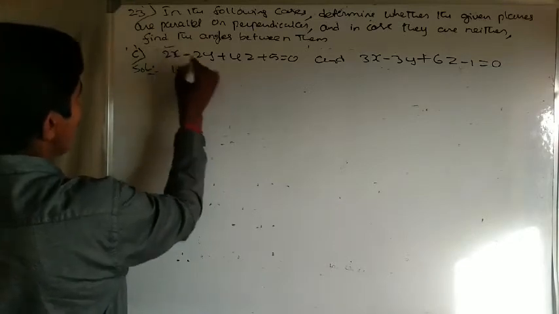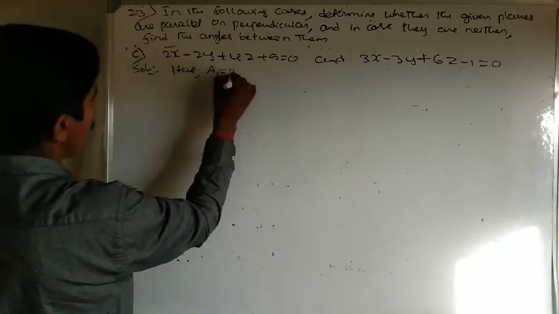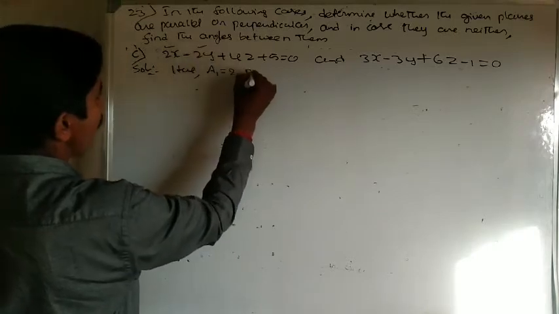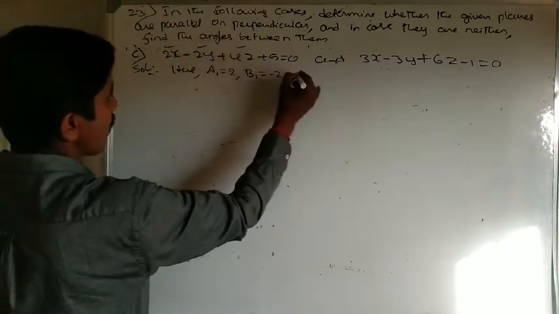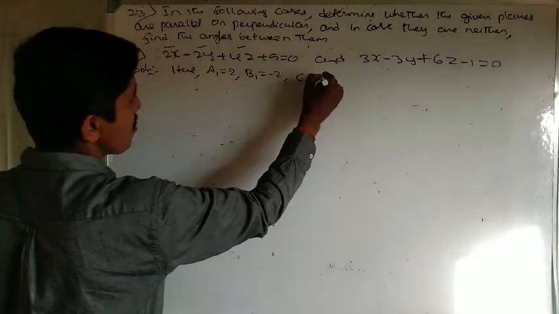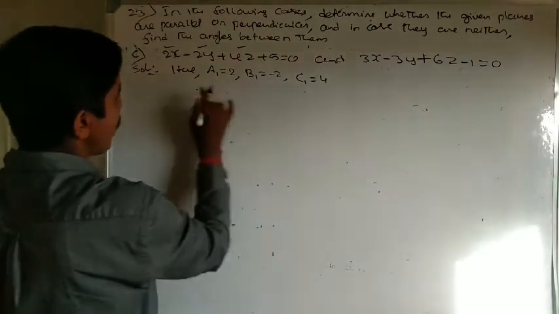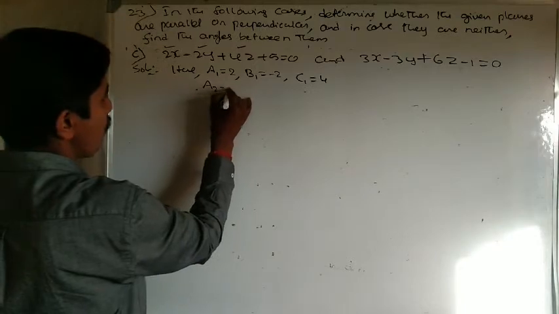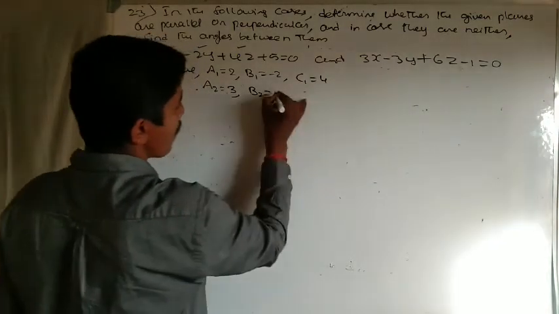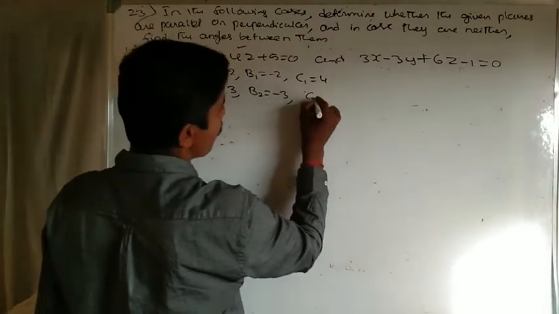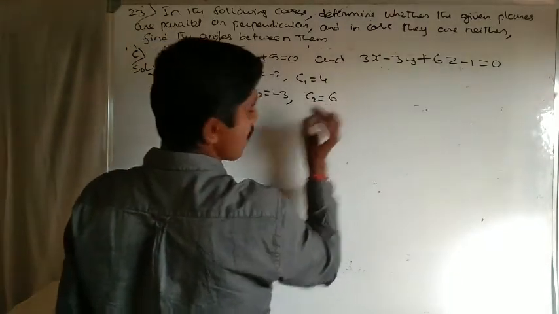So x coefficient a1 is equal to 2, y coefficient b1 is equal to minus 2, z coefficient c1 is equal to 4. X coefficient a2 is equal to 3, y coefficient b2 is minus 3, z coefficient c2 is 6.